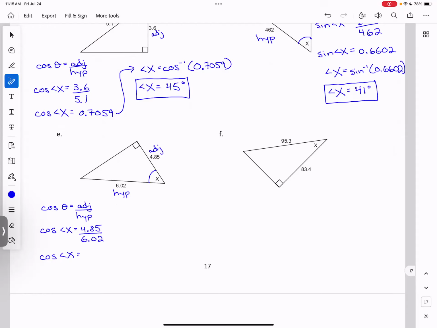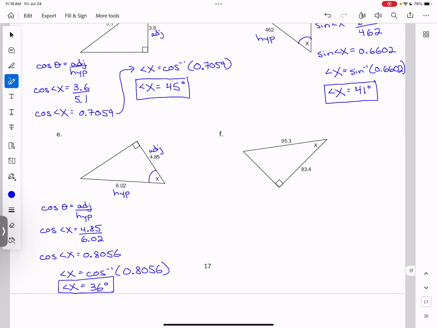And in decimal form, that gives us about 0.8056. So now to solve for angle x, we're going to take the cos inverse of both sides. So we take the cos inverse of that ratio. And we get 36 degrees rounded to the nearest degree.